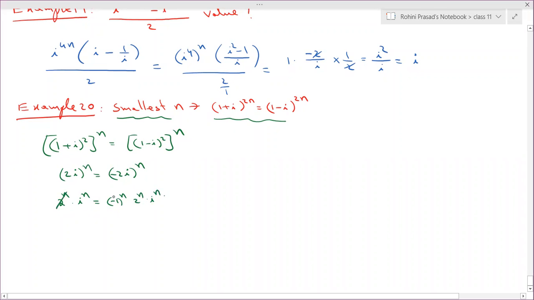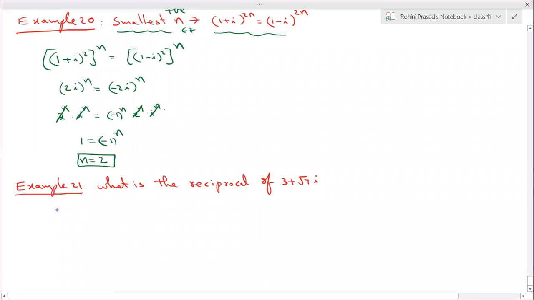So 2 power n gets cancelled, i power n gets cancelled, 1 equals (minus 1) power n. So the smallest positive integral value of n is what they are asking. Positive n belongs to Z, that's what they are asking. So the smallest one is n equal to 2, the smallest positive integer satisfying the condition.